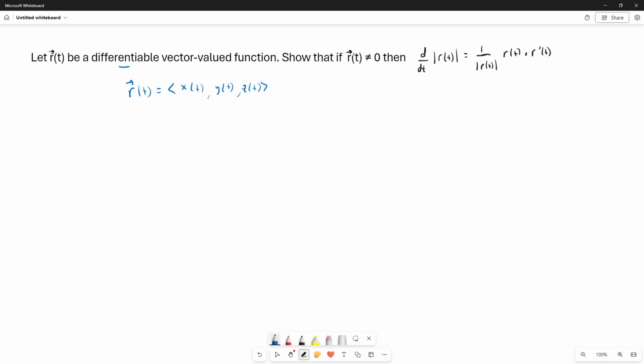Show that if R of t is not the zero vector, so we don't have 0, 0, 0 here, then the derivative of the magnitude of R of t is 1 over the magnitude of R of t times R of t dot R prime of t.